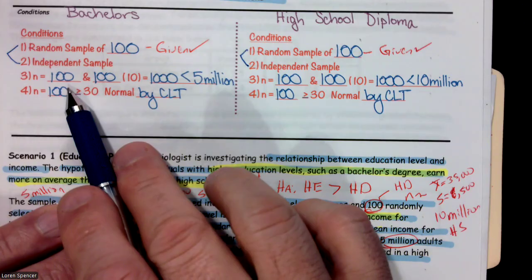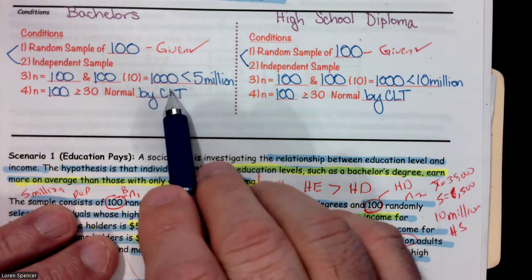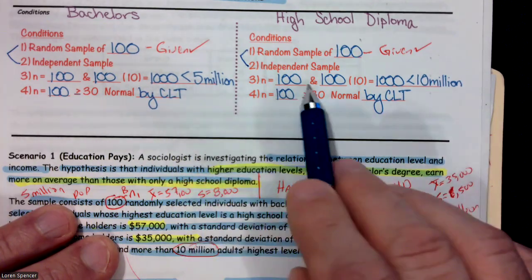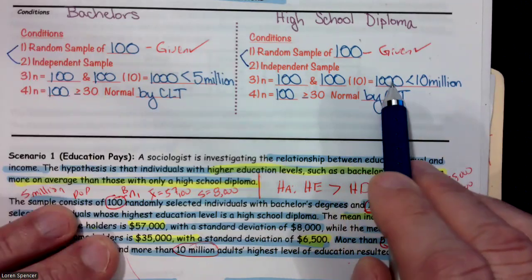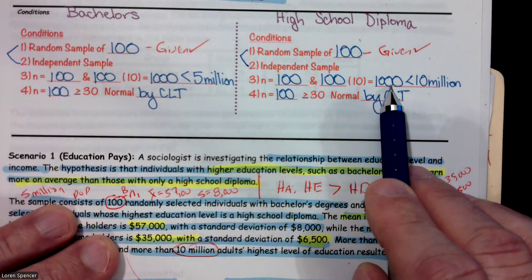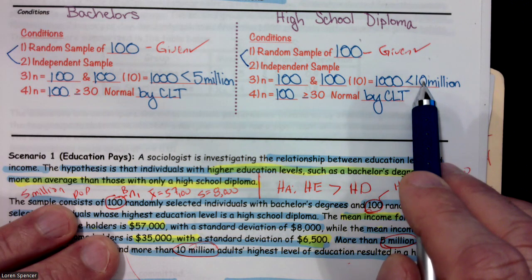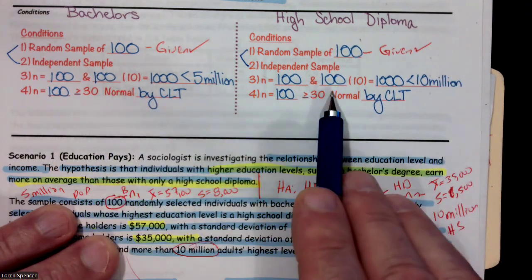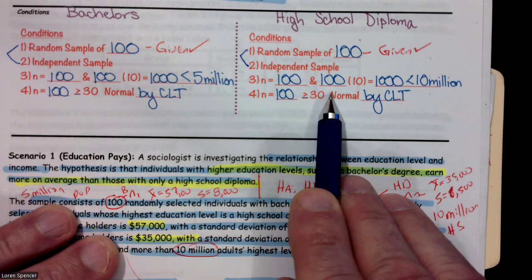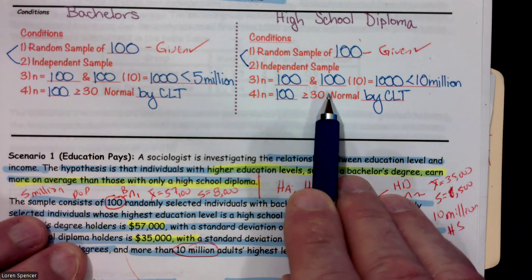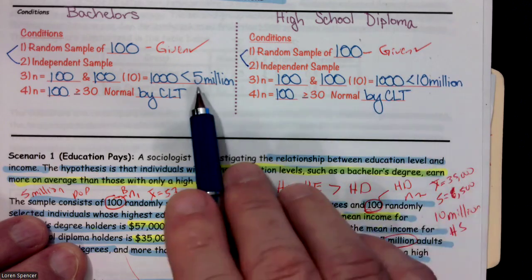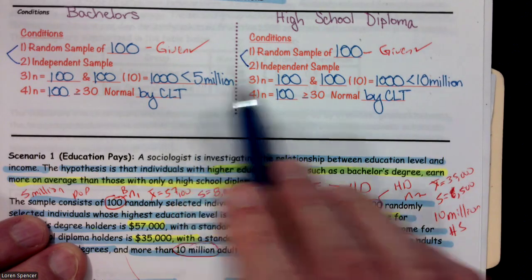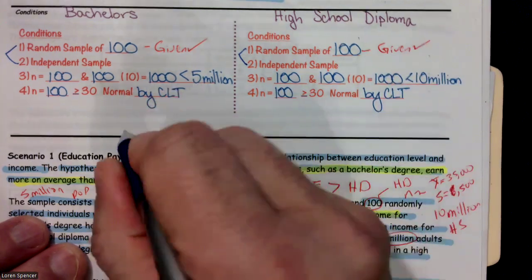Our sample size was 100. 100 times 10 is 1,000. That's less than 5 million. And 100 times 100 is 1,000. And that was 10 million because both samples for the bachelor's and for those with a high school diploma was 100, and the population was 5 million for those with bachelor's degree, 10 million for high school diploma.